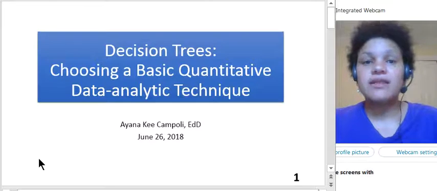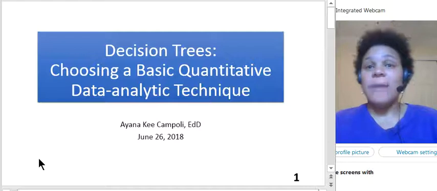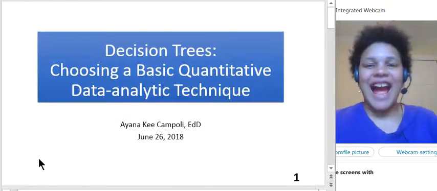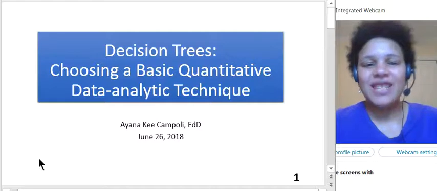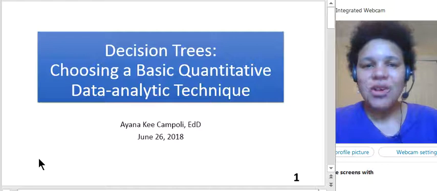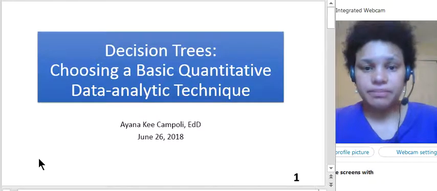And I think the reason for that is because our text lays out many possibilities for what techniques and procedures we can use to analyze quantitative data. However, I want to narrow things down and talk about how you make decisions about which basic quantitative data analytic technique to use.